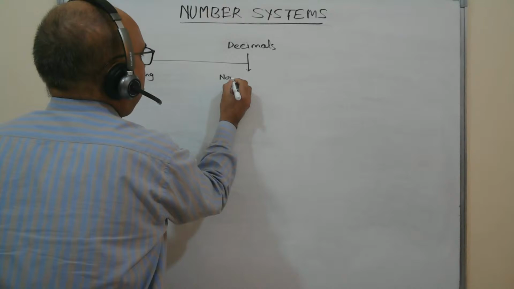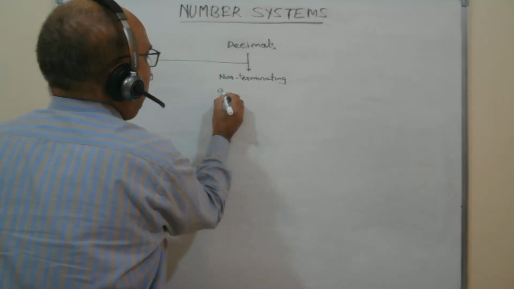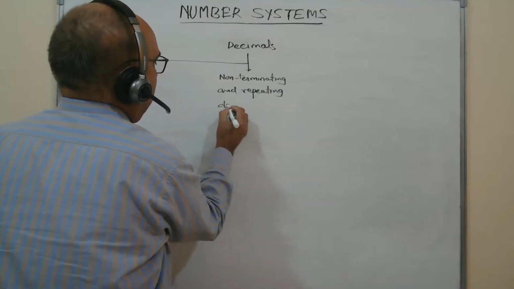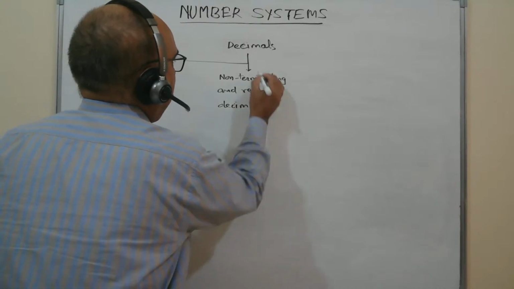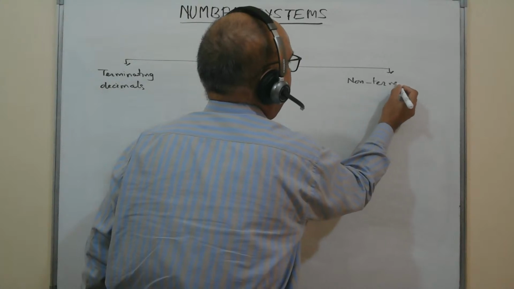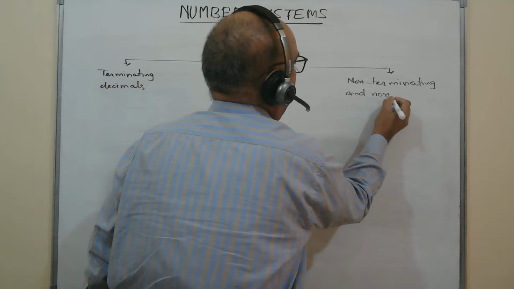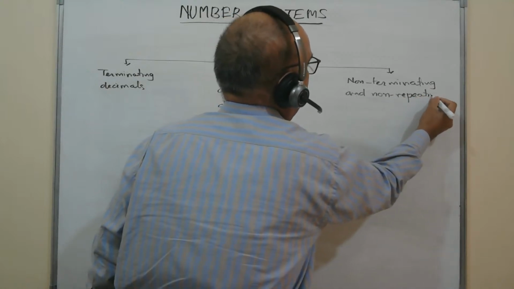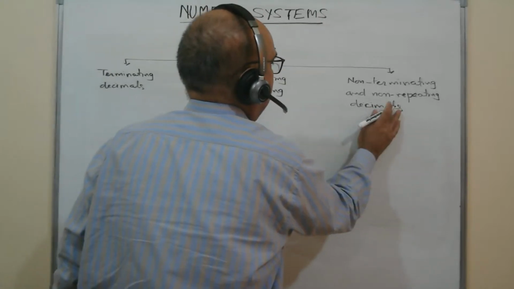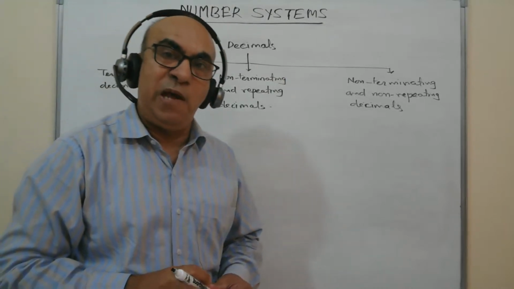The second one is non-terminating and recurring or repeating. And the third one is non-terminating and non-repeating decimals. So three types of decimals we have.